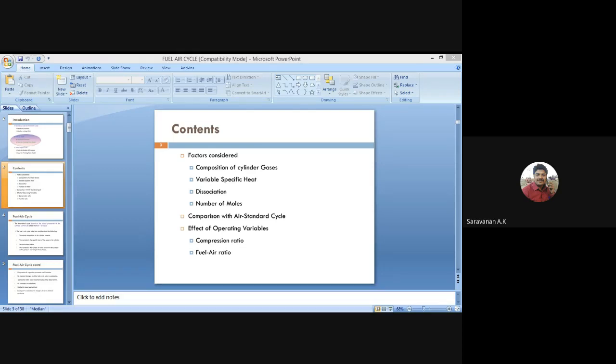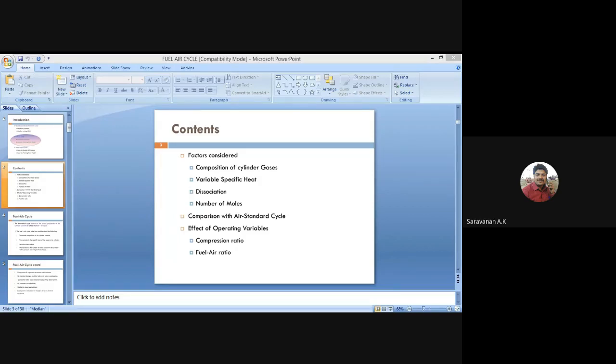And the third factor is the dissociation effect, that is the disintegration of the components, the chemical changes after the combustion. What will happen? The mixture of air and fuel will be burned, right? So it may produce some gases, the chemical changes will occur, and we can get carbon dioxide, carbon monoxide, hydrogen, oxygen.